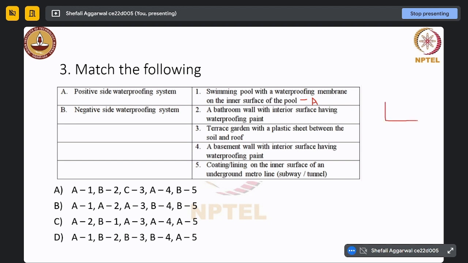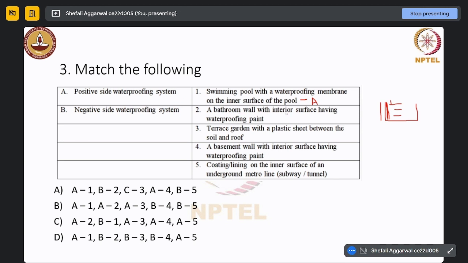Because we are telling positive side when coating is applied between concrete surface and the water layer. So inside of the swimming pool, this is a surface between concrete and water. So that's why we will say inside of swimming pool surface, it will be a positive side waterproofing system.